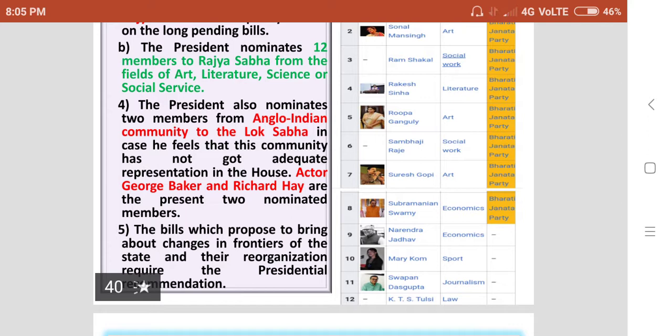So these are the 12 members representing Rajya Sabha nominated by the president.